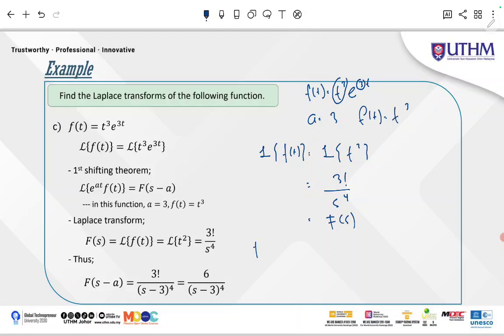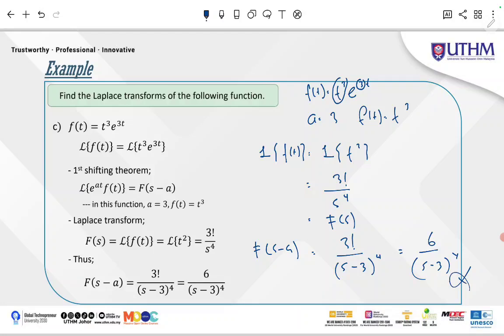But for F(s minus a), just replace s with s minus a. Since a is 3, this is equal to 3 factorial over (s minus 3) to the power of 4, and 3 factorial is 6, so 6 over (s minus 3) to the power of 4.